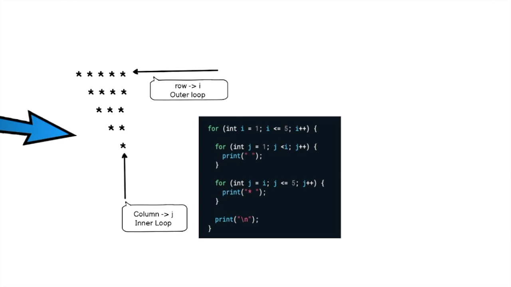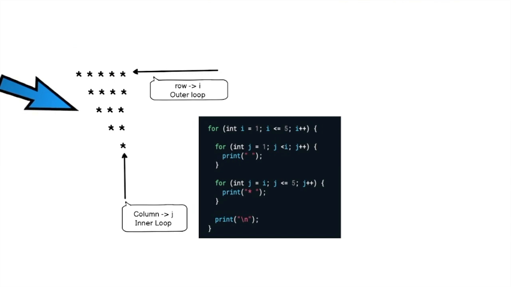On the first line, we don't have to print any empty space, we just have to print 5 asterisks. On the second, we have to print 1 empty space, this place of asterisk is taken by empty space, and then it is followed by 4 asterisks.